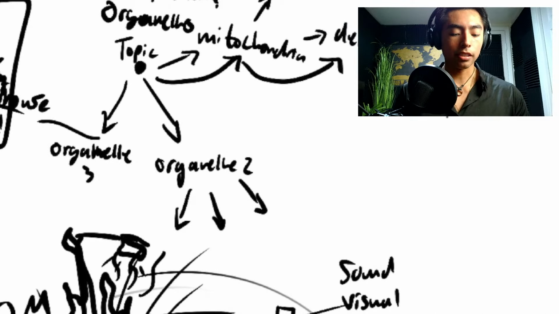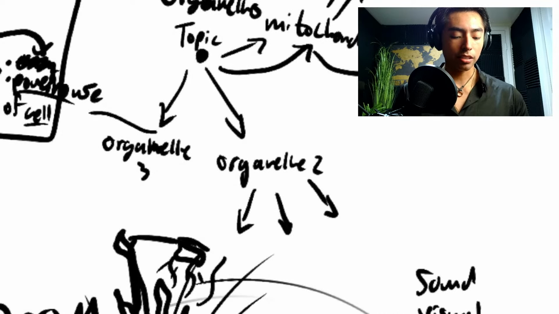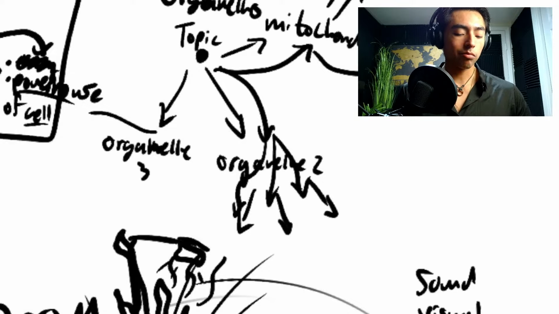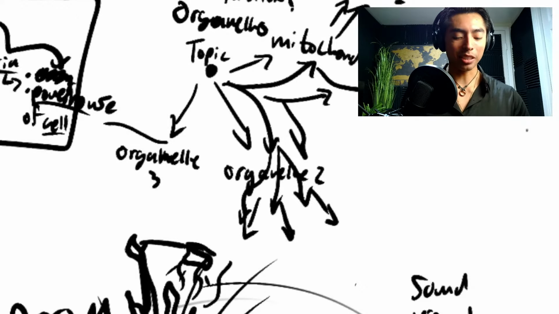Now you can just say, well, the mitochondria has these two aspects. The chloroplasts, this is organelle 2, has these three aspects. And this one is in all cells, and this one's in animal cells, right? All you have to do is just go out from your center topic. And you can do this with anything, which makes it super easy.